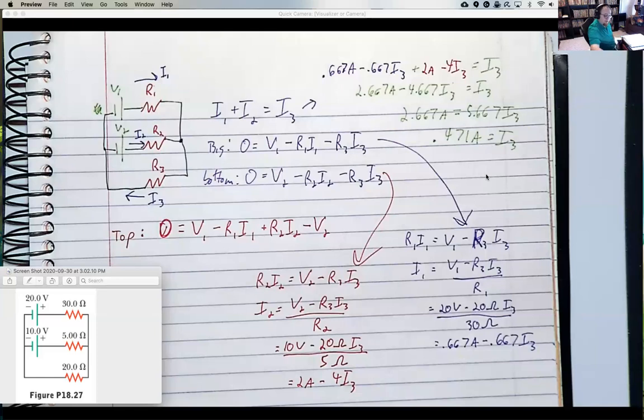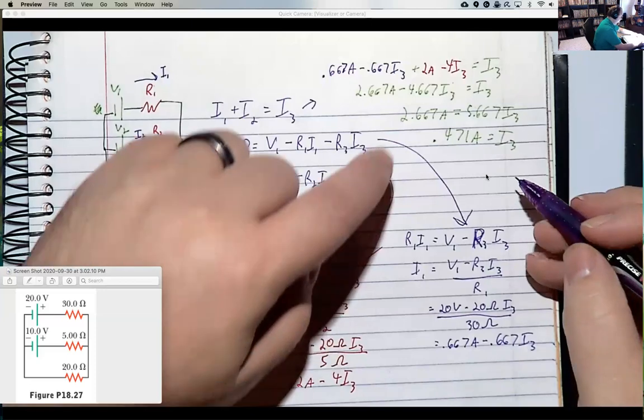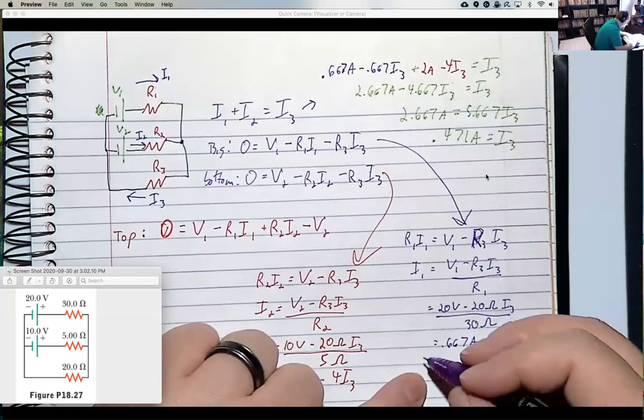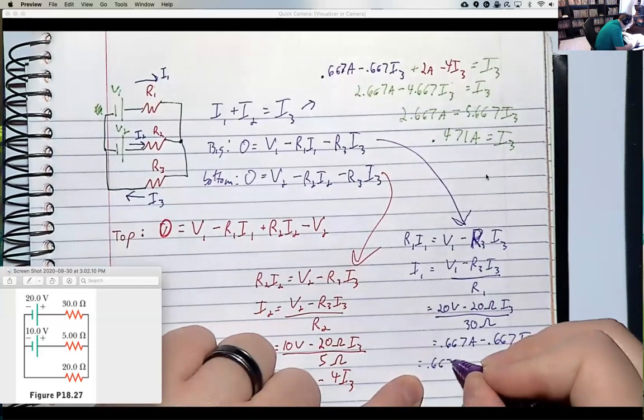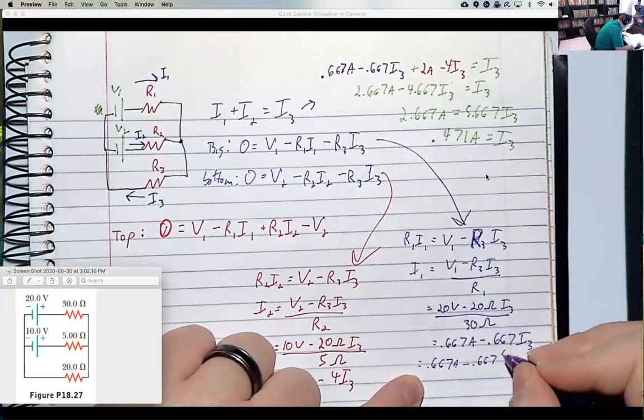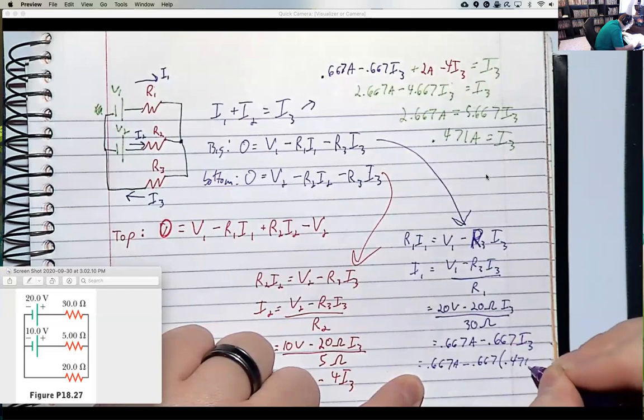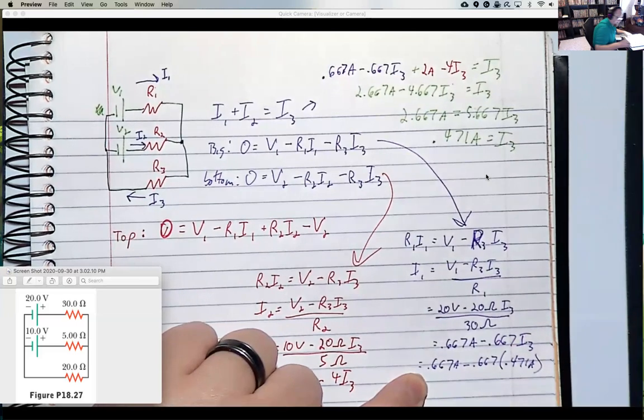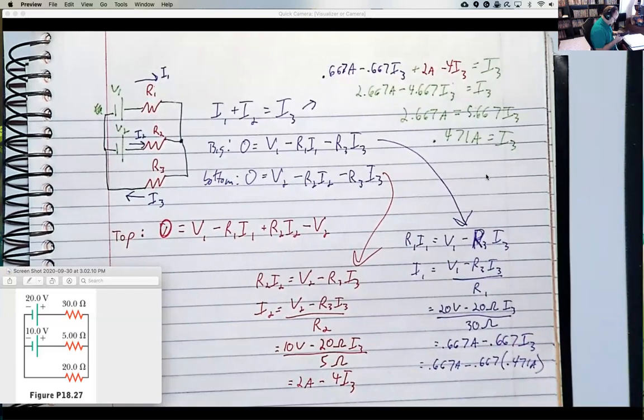Once you get one of them, you'll plug that number in. So I'll go back down to here and say, okay, that means this equals 0.667 amps minus 0.667 times 0.471 amps minus.